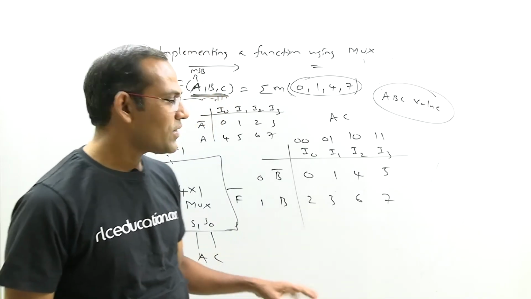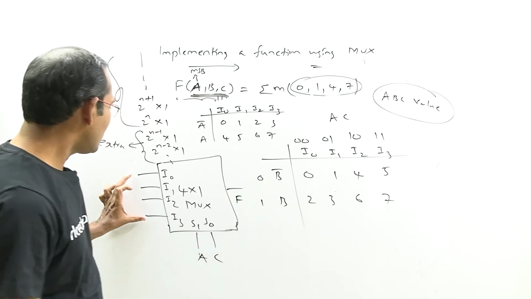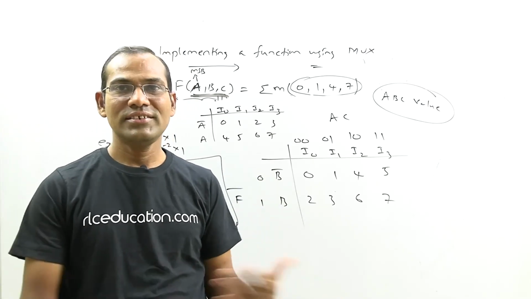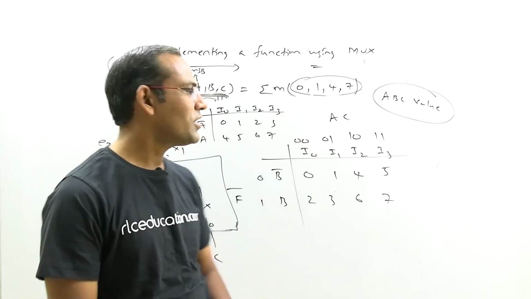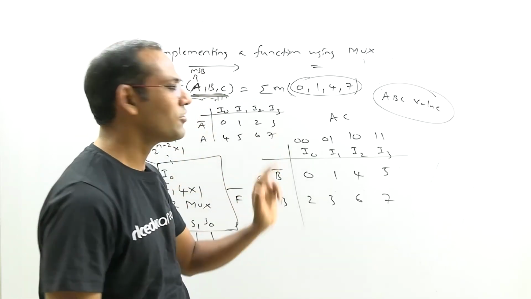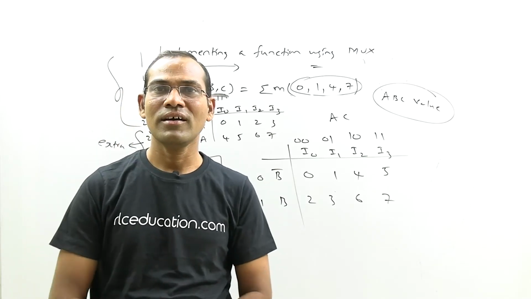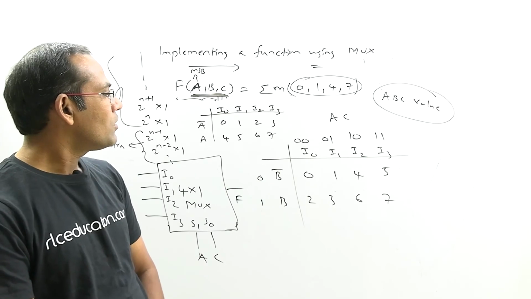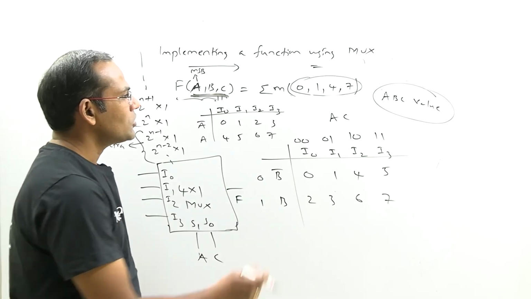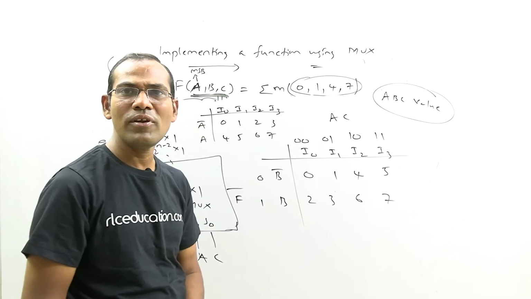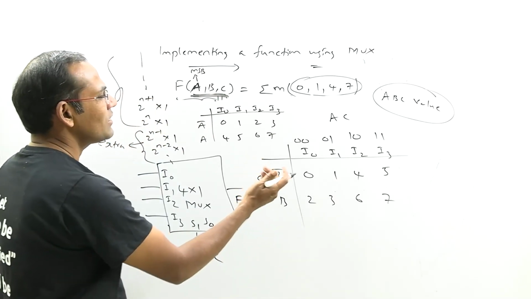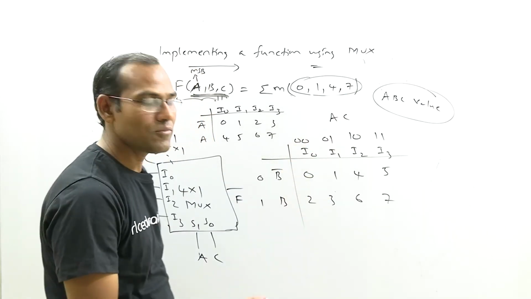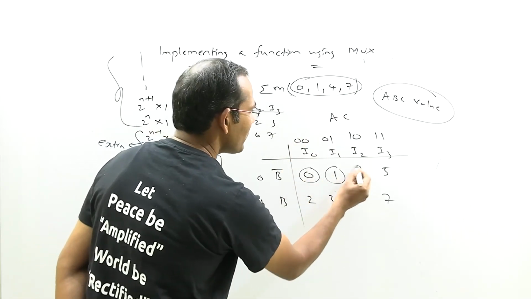So whenever the selection is changed, automatically the order will change. Be careful. Don't think that always this is the order we have to write. That depends on the selection. So after forming this table, then circle these numbers. Circle 0 1 4 7.